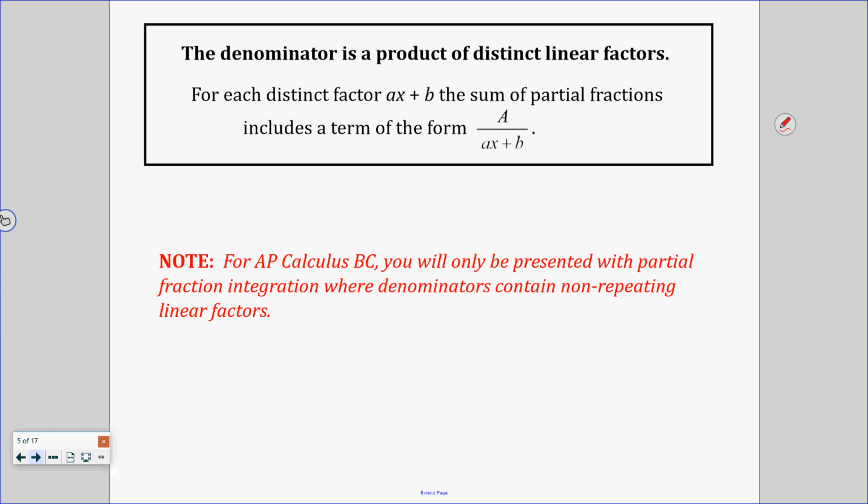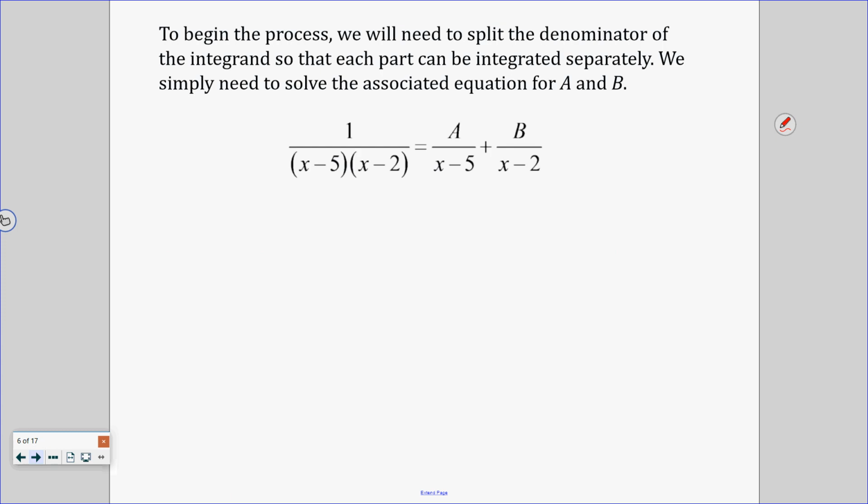So we're only going to do the ones that have non-repeating linear factors. It's not very difficult to do the other ones, and if you need it later, you would just look it up. It's a nice thing about this day and age. You can just type in partial fractions for integration, and you can find plenty of things to do that. We're going to focus on what's going to be on the BC exam.